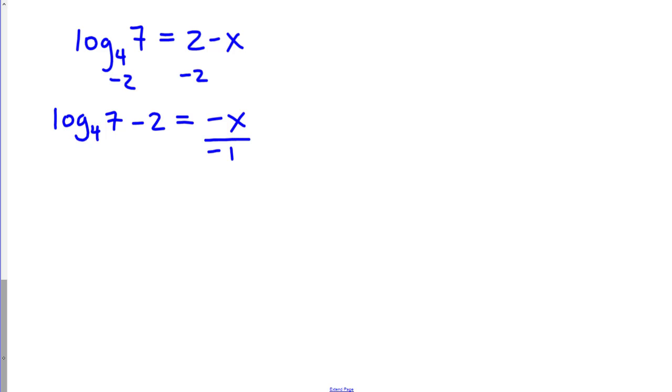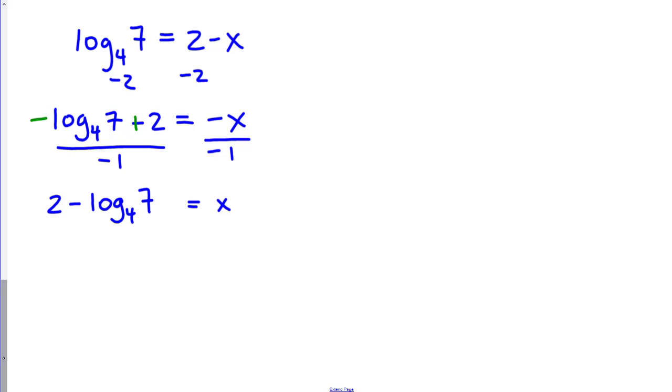But then I have to divide everything through by negative 1. When I apply the negative, it's going to make this term negative and this term positive. Essentially, it just turns around that binomial. So it becomes 2 minus log base 4 of 7.